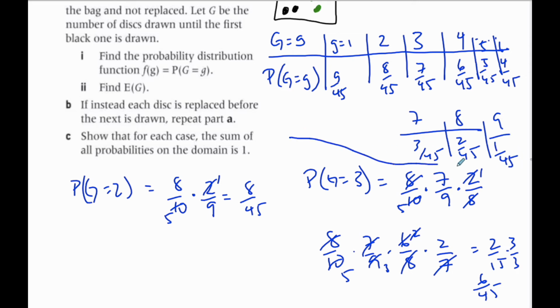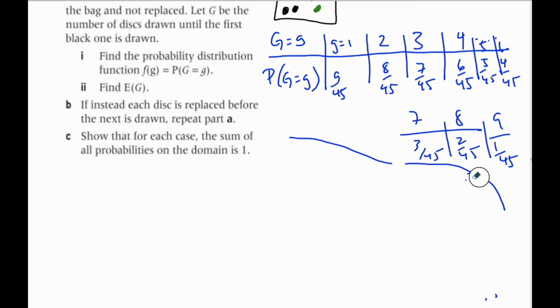And so that is the probability distribution if I do not replace, and I want to know the probability of pulling out a black one.